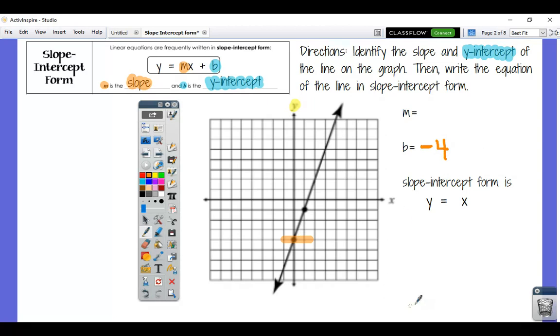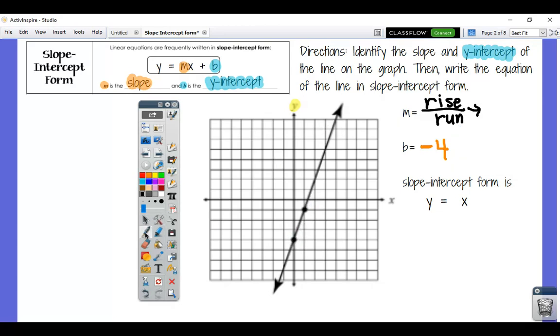But now I need to find my slope. So I have 2 points up here. And I'm going to find my slope, aka my rise over my run. Rise over run. All right, so my rise over run. I am trying to meet these 2 points.